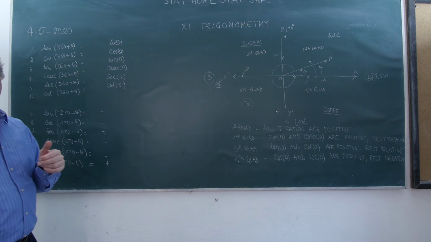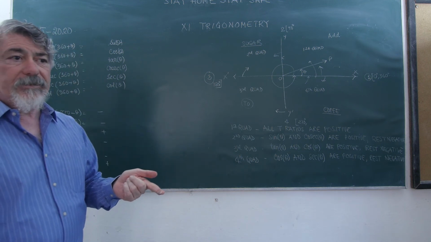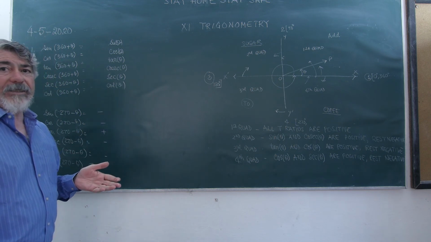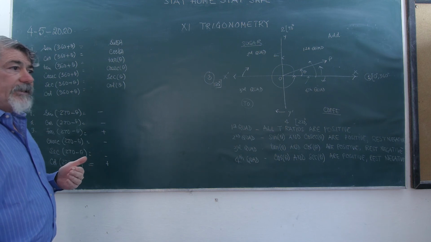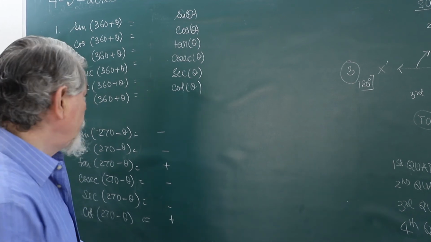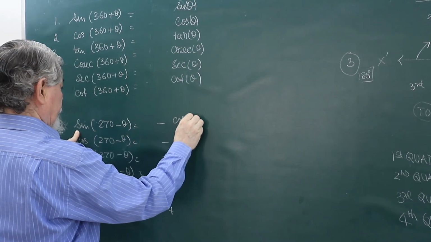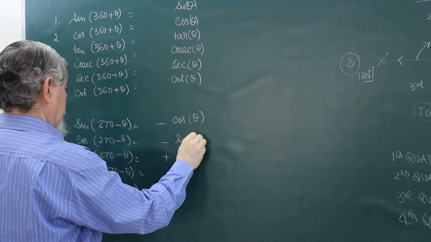Another thing, it is a multiple of 90. 270 is 3 into 90, an odd multiple of 90, as I had spoken. So when it is an odd multiple of 90, then sine will change to cos, cos will change to sine. Sine 270 minus theta will be minus cos theta. Cos 270 minus theta will be minus sine theta.